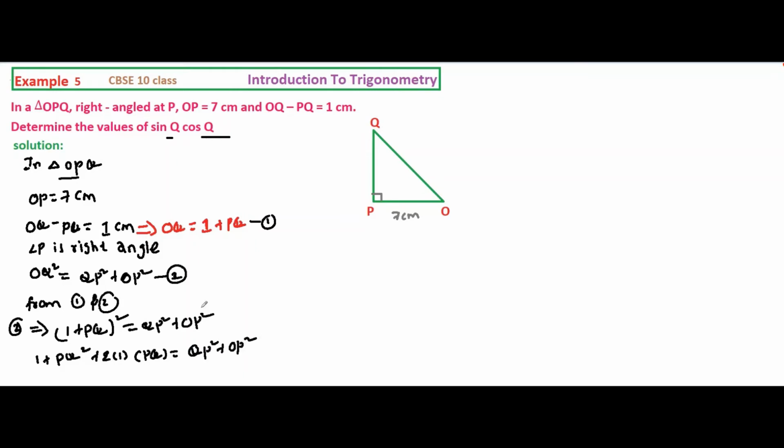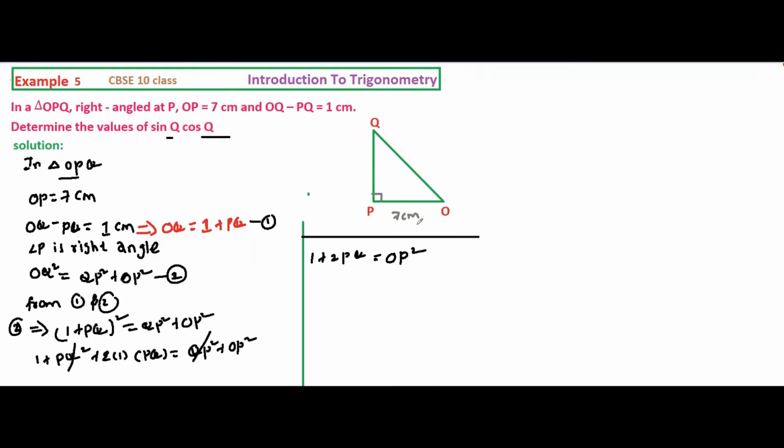Now we can see here PQ square on both sides, so both will be cancelled. What is remaining here? 1 plus 2PQ equals OP square.